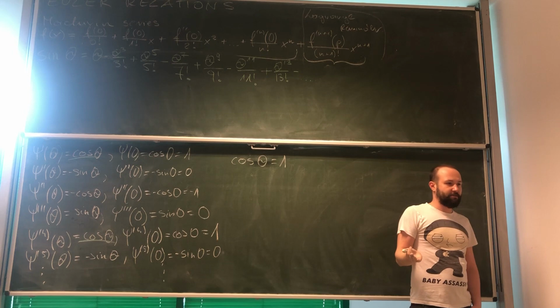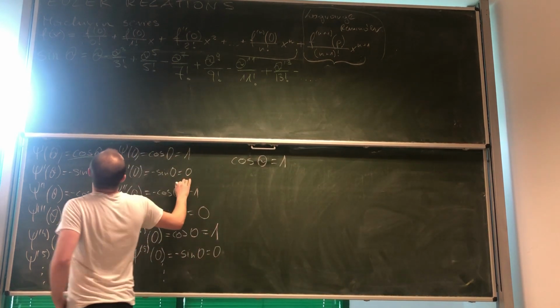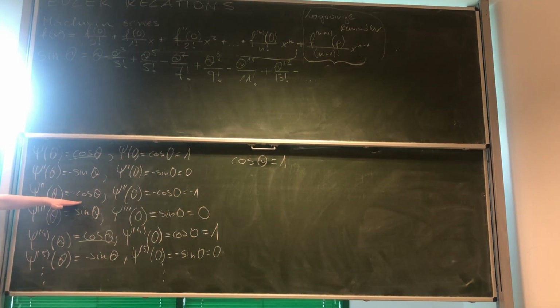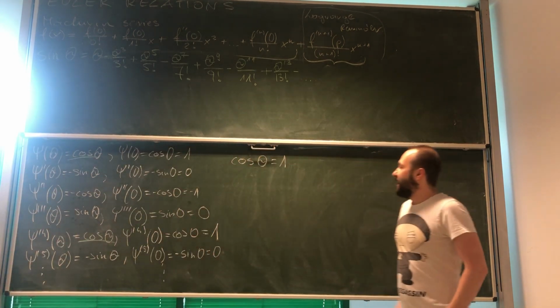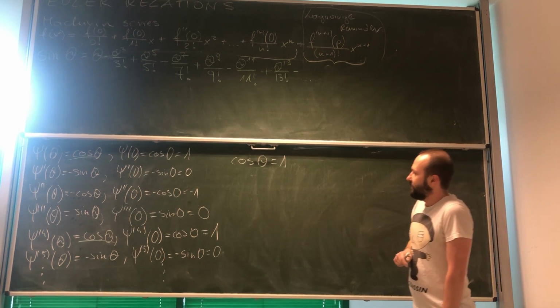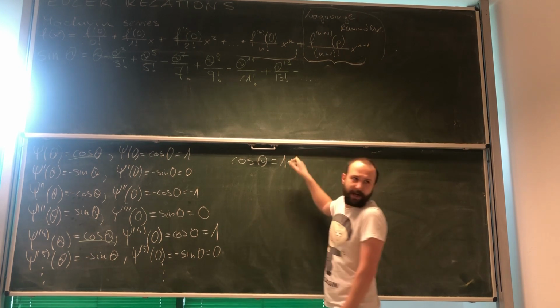We start with just 1. Then, the next expression is going to be 0, so we can move to the third expression. And here we have the second derivative evaluated at 0 is negative 1.